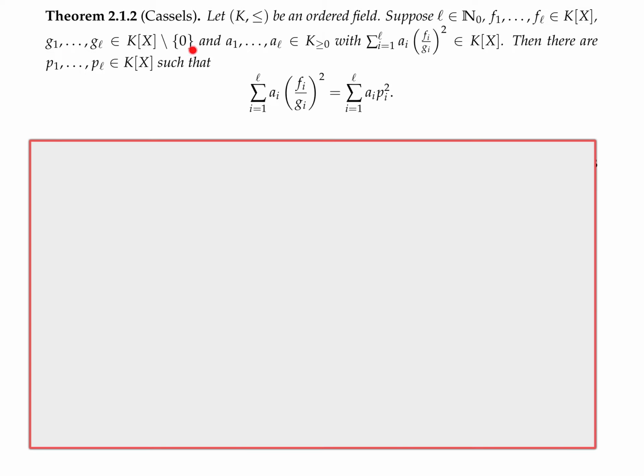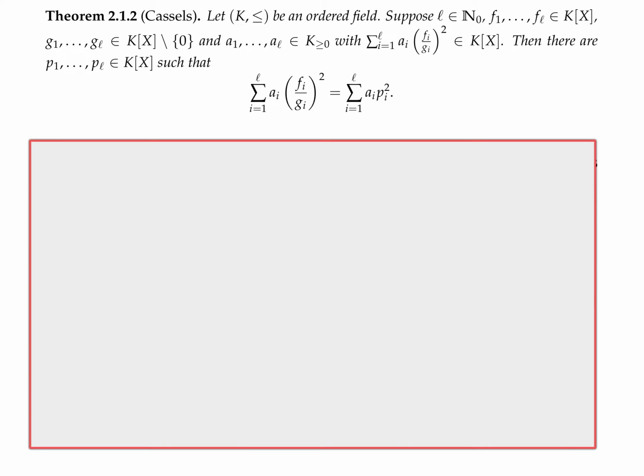So they should be non-zero because they will be denominators. And when I have the same number of weights, non-negative weights from K, and I take this weighted sum of these squares of these rational functions Fi over Gi, right? And I assume that this is a polynomial.